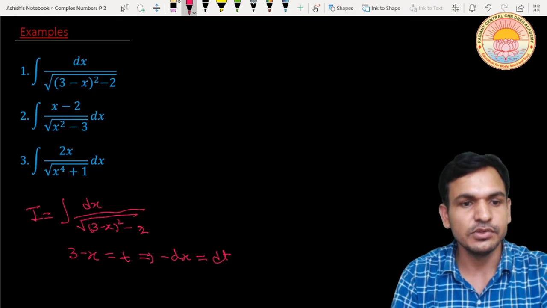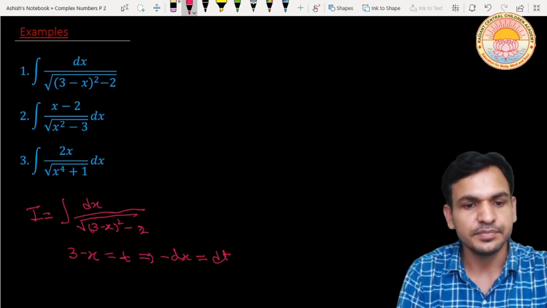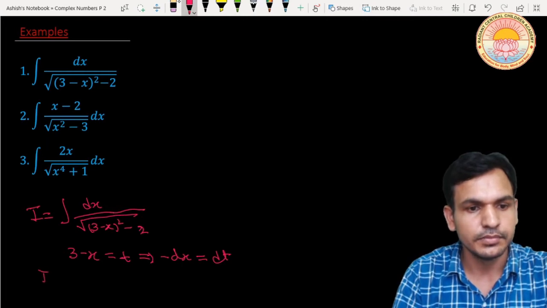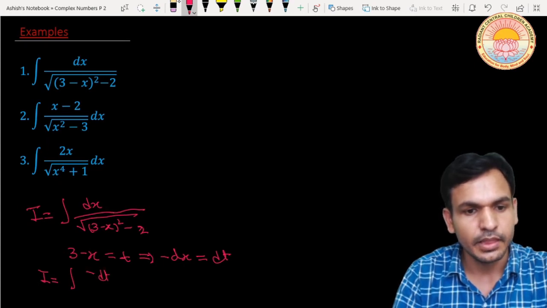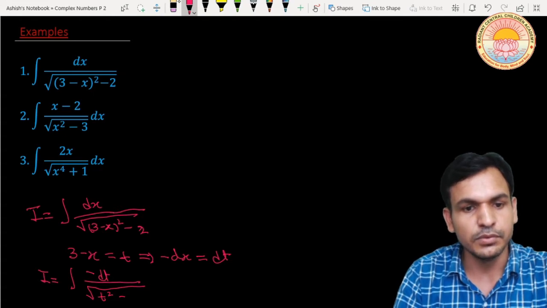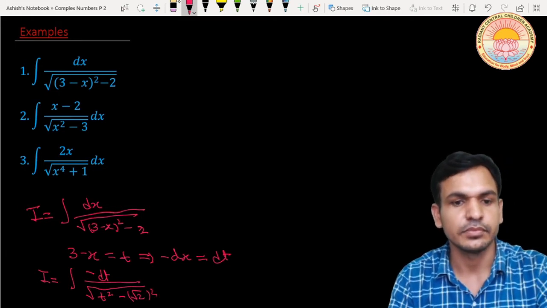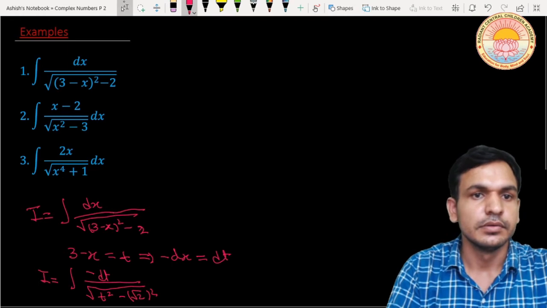Now putting these values in this integral, we will get I is equal to integral of minus dt upon square root of t square, and in place of 2 we can write minus root 2 whole square. Clear?